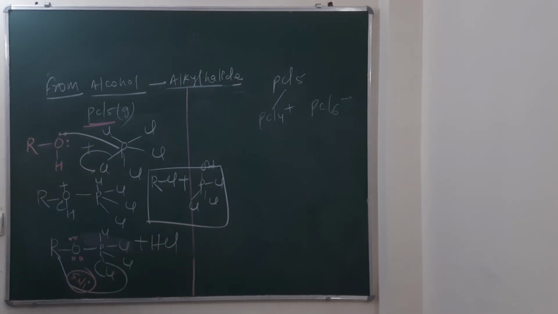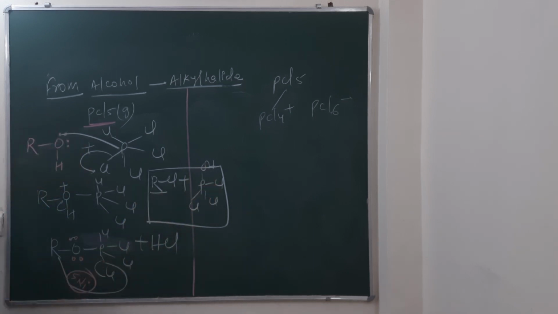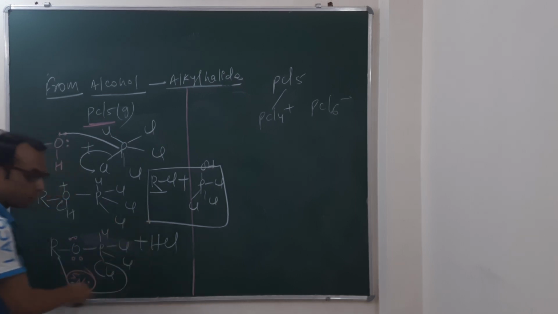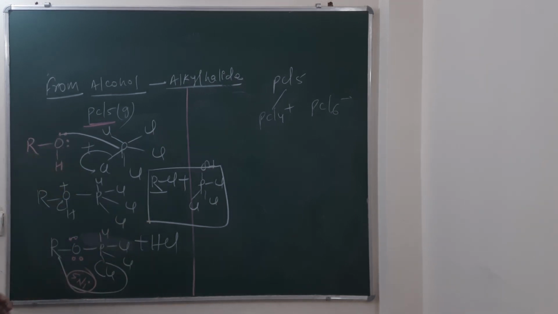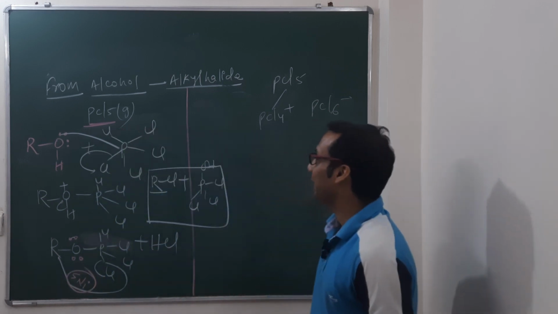Right? What happened? That RCl plus POCl and HCl will form. This is called, and how it happened? Through the SNi. So when the gaseous phase will take, that will participate in the reaction as an SNi. Done.